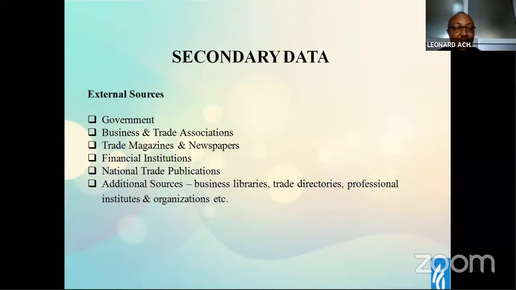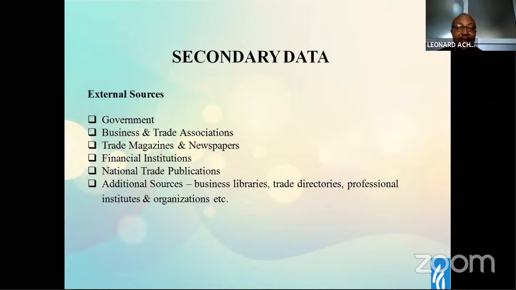What is the economic policy, the monetary and fiscal policy of the government for the current year? And then also, we have business and trade associations, like the Chamber of Commerce, and other trade associations, where they carry out exhibitions and trade shows.